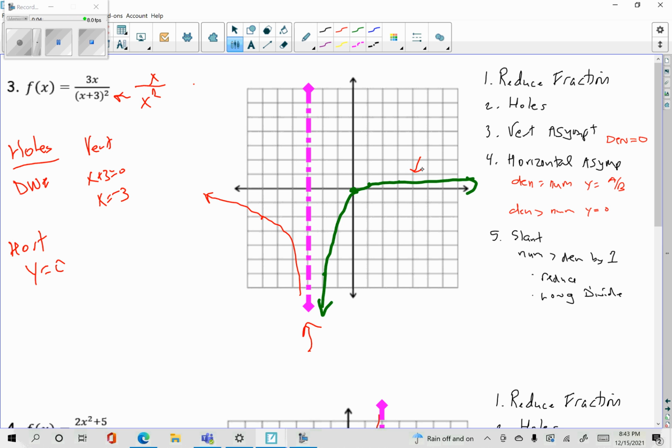So I will get back to you. I'll have to look into that one because it just didn't make sense to me. Okay. And then slant is when the numerator is bigger than the bottom. Doesn't happen. So then our only intersection, x and y intercepts, is at 0, 0, right there.